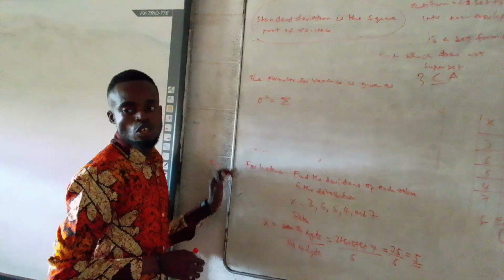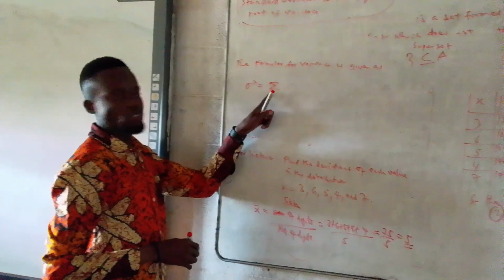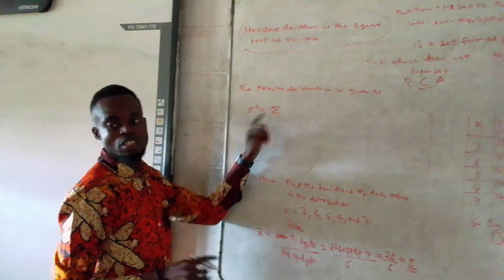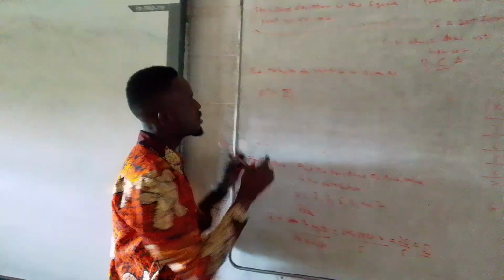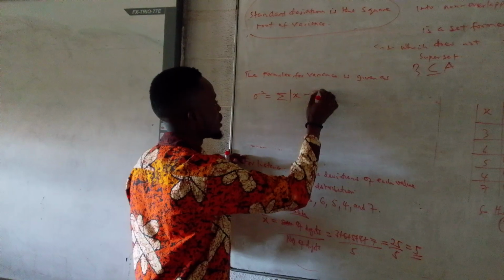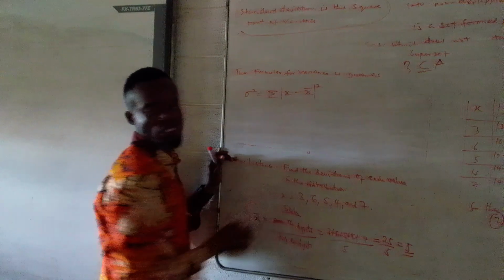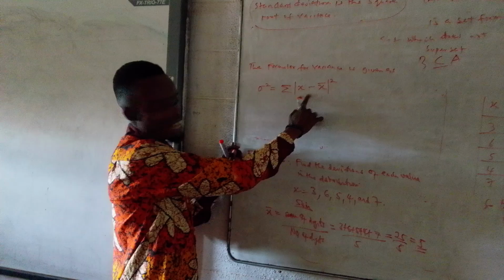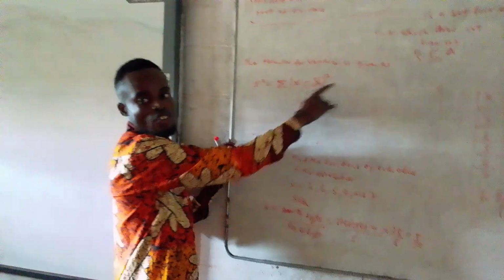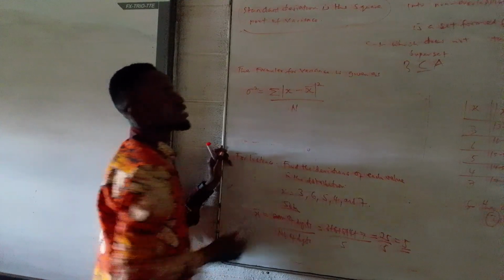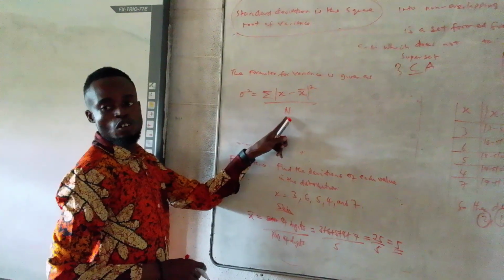This symbol means summation, which is addition. Summation of x minus x bar squared. You remember this formula, x minus x bar, the deviation, over n, where n means the number of what?